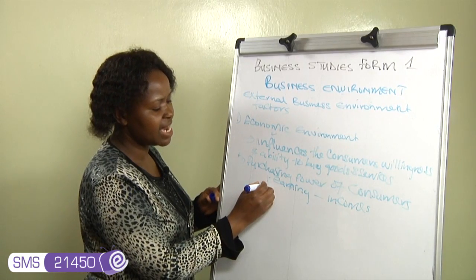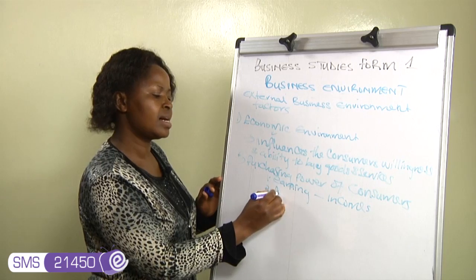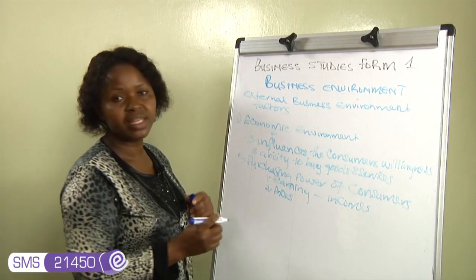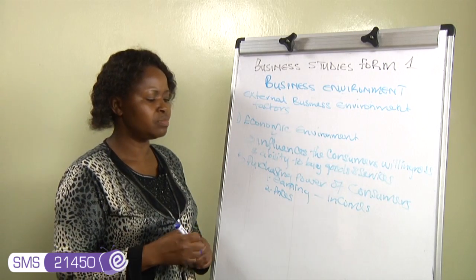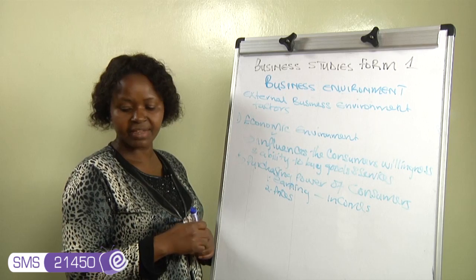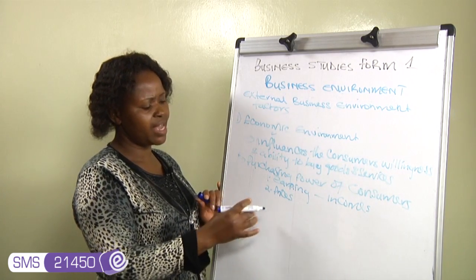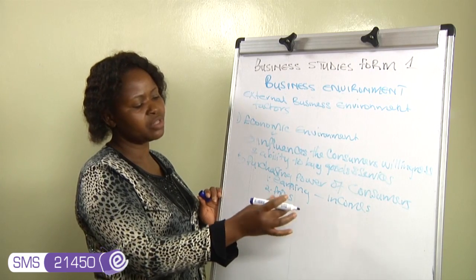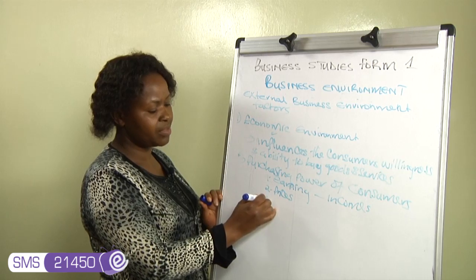The other factor that constitutes the purchasing power of consumers is prices. With high prices, consumers may not be in a position to buy a high quantity of goods and services. With lower prices, they will be able to buy more of these goods.